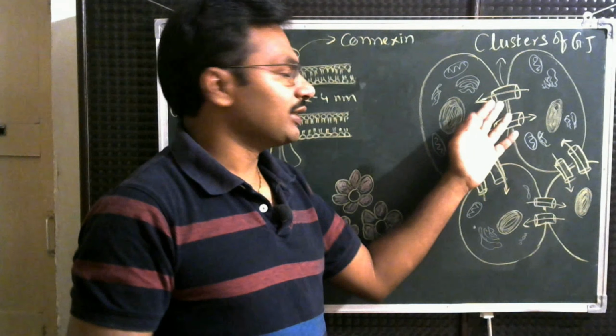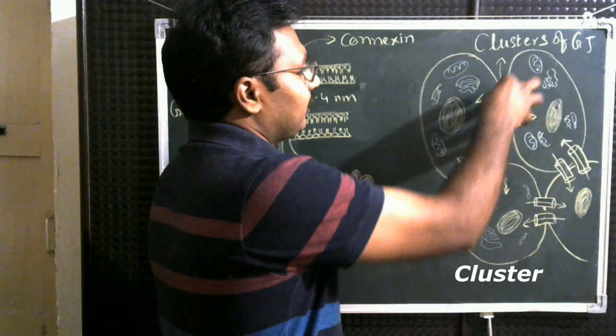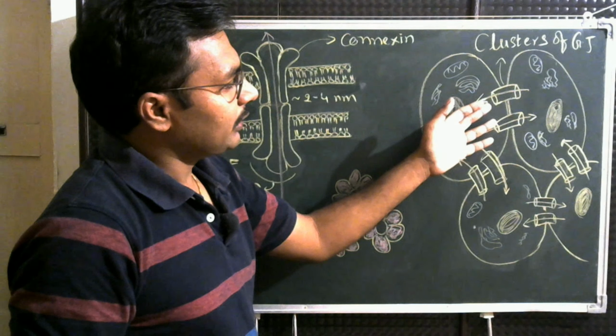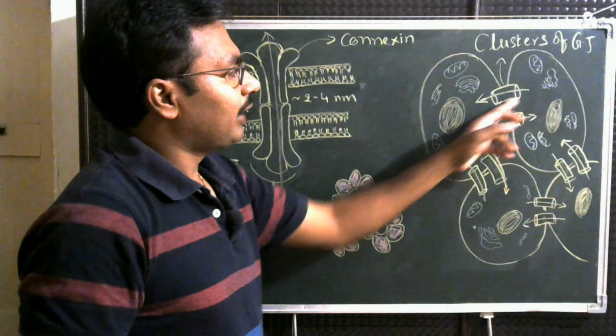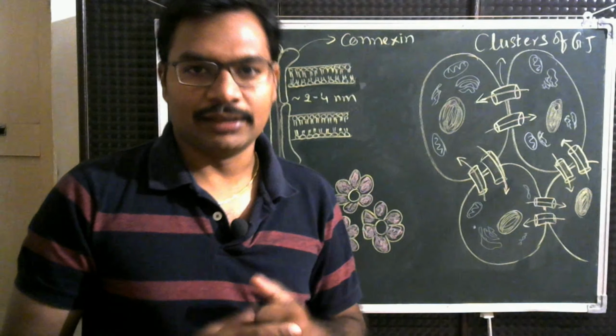These gap junctions arrange in the cells like clusters, different clusters, and connect both cells' cytoplasm and allow charged particles. Remember, the cell membrane is highly selective, which doesn't allow any ion or particle without proper gated channels.